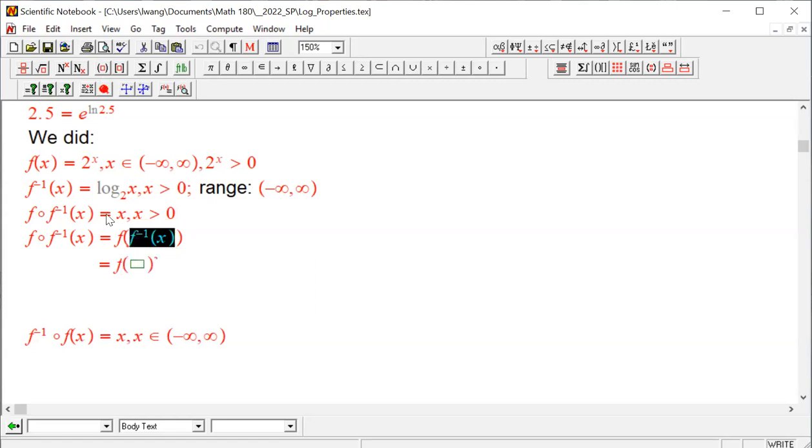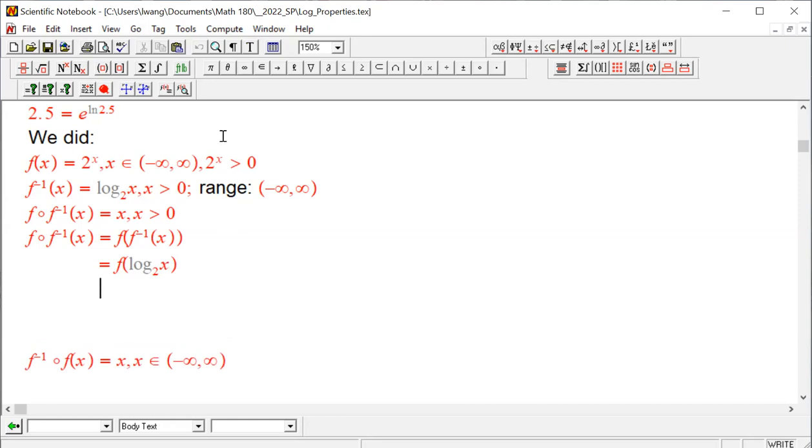F inverse is log base 2 of x, and then we plug in f, which is 2 to the power x, so we get 2 raised to the power of that. And that equals x, from what we knew.